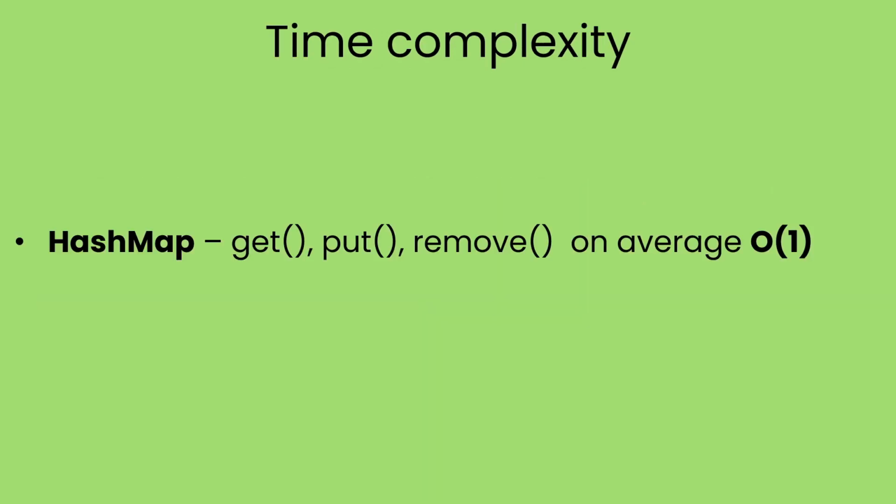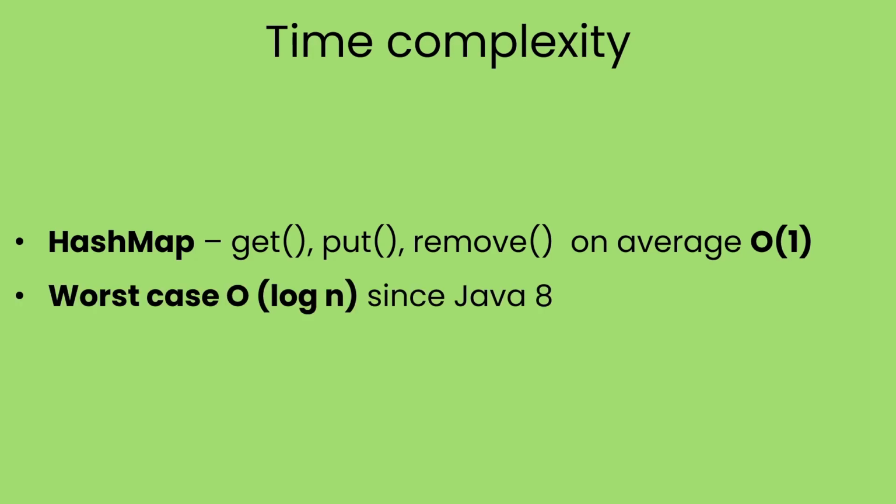In terms of time complexity, HashMap has on average constant time for getting, putting, or removing items. And the worst case is O(log n), not O(n). The reason is that since Java 8 we have this improvement in HashMap, where instead of a linked list, the entries will be turned into a balanced binary tree.